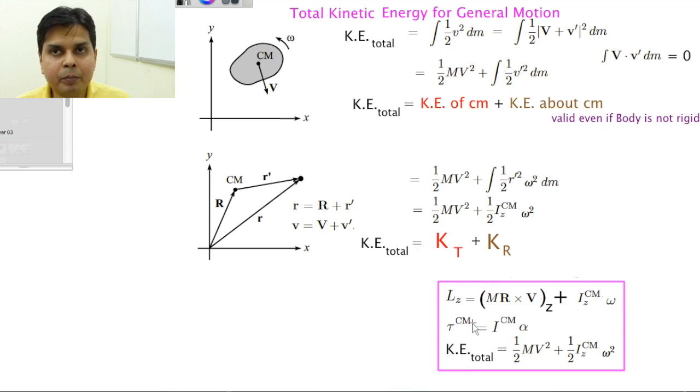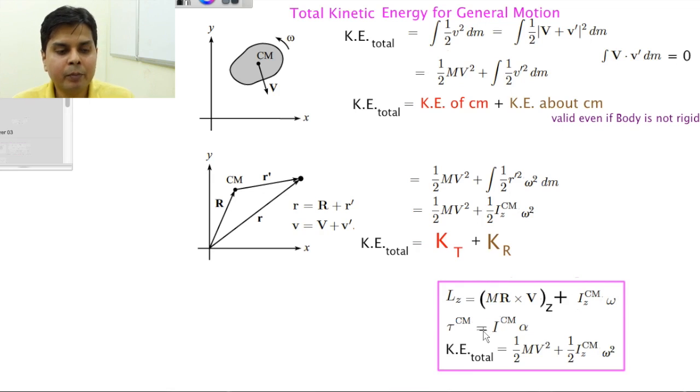Remember why we are paying so much attention that it should be about center of mass, because torque is equal to dL by dt holds true only if your axis or the origin is not accelerating, or even if the axis is accelerating, if you are calculating torque and L about center of mass, then this holds true.